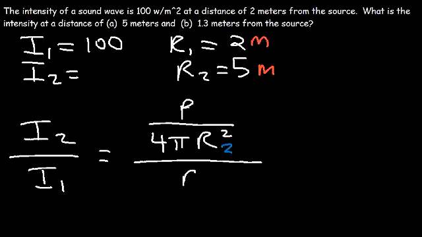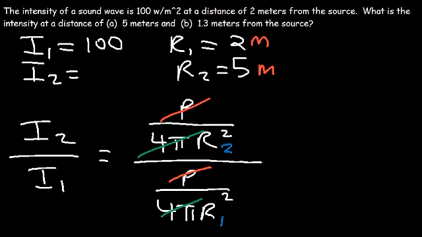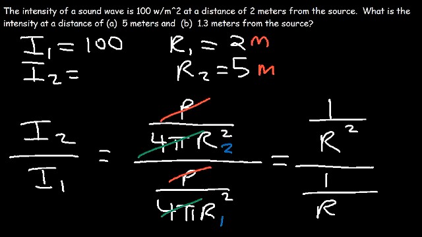So I1 is going to be P, because it's from the same source, divided by 4 pi R1 squared. So we can cancel the power, they're the same, and we can cancel 4 pi. Therefore, we have the equation I2 over I1 is equal to 1 over R2 squared divided by 1 over R1 squared.